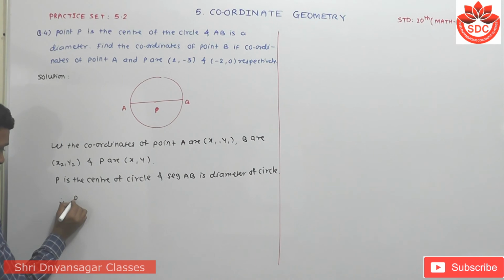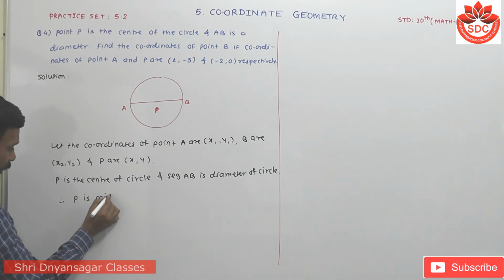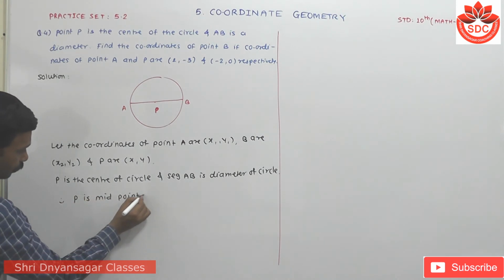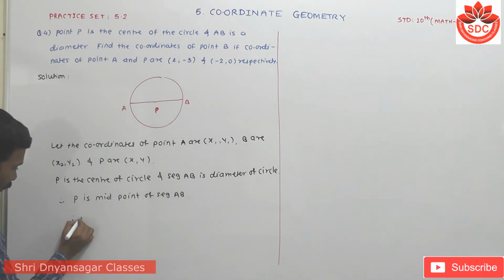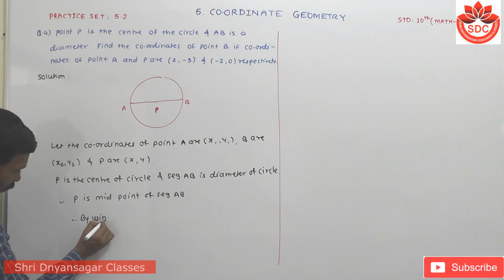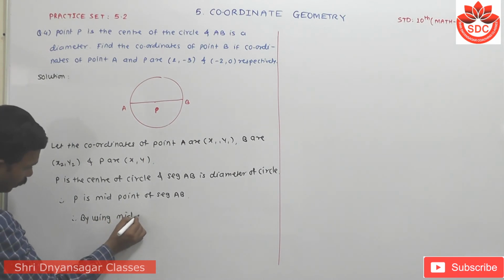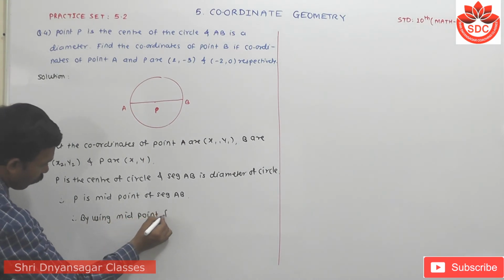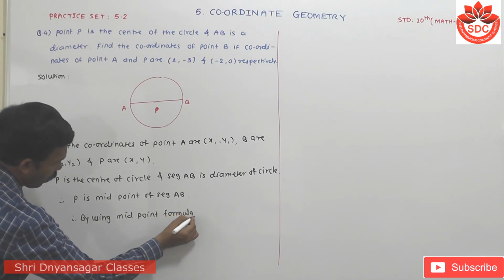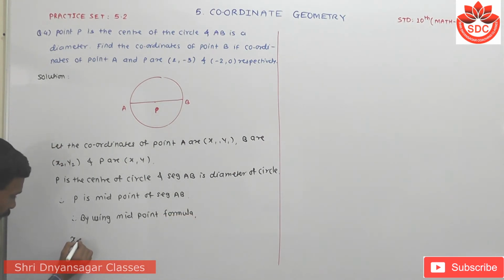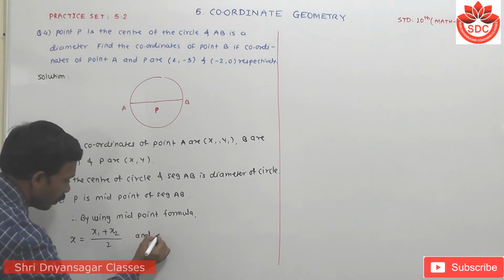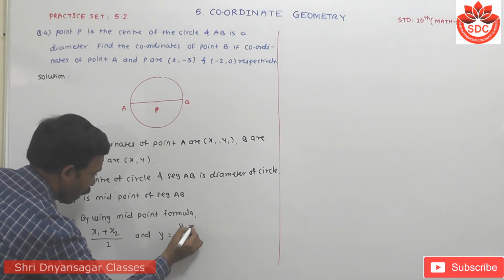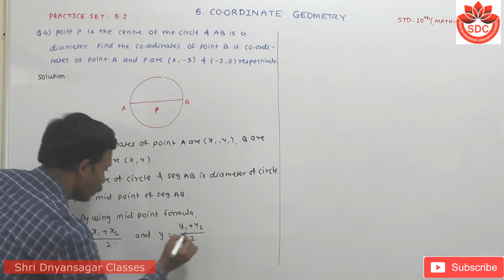Therefore, P is the midpoint of segment AB. Therefore, by using the midpoint formula, the value of x is equal to (x1 + x2) upon 2 and the value of y is equal to (y1 + y2) upon 2.